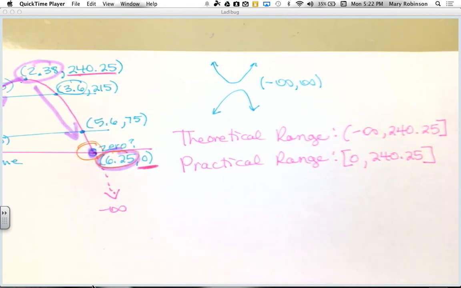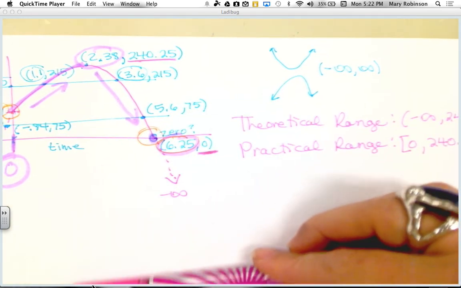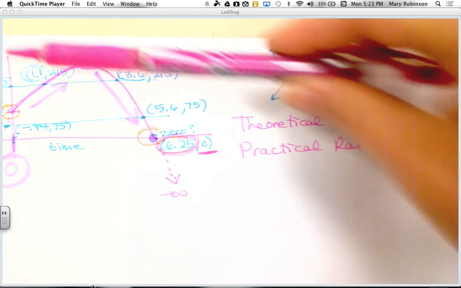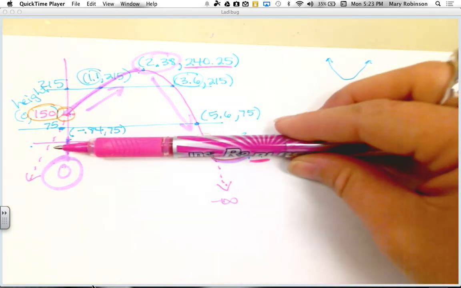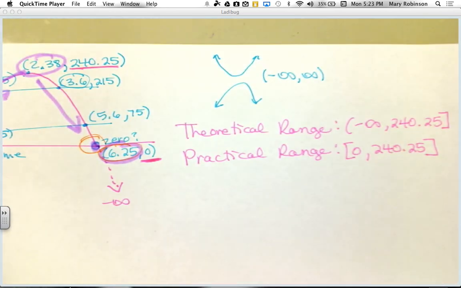So remember, to find your theoretical or your practical range, you're going to have to know your max value, but ranges are all your y's, your domain are all possible x's. Theoretically, it goes down forever, so we would state our range from negative infinity up to 240.25. Practically, it's only from a height of 0 to 240.25. And that concludes everything you need to understand about the applications for your test.